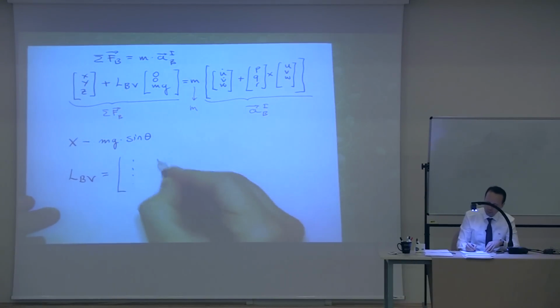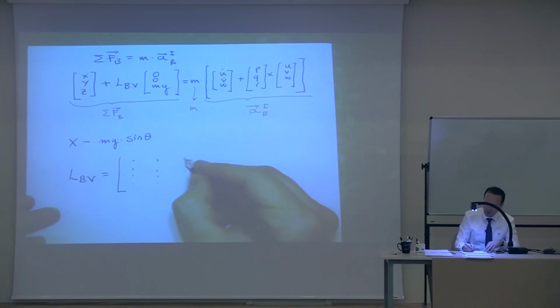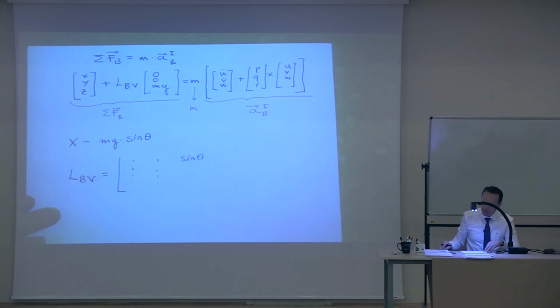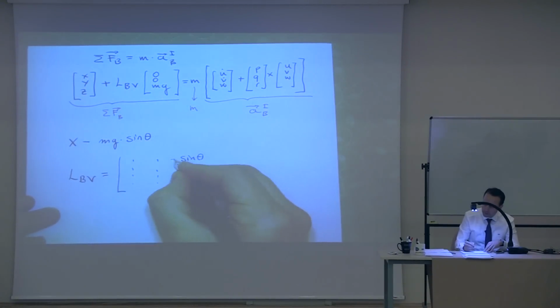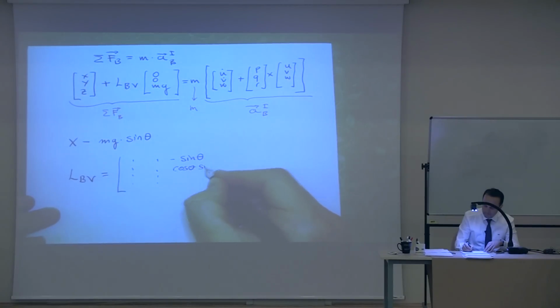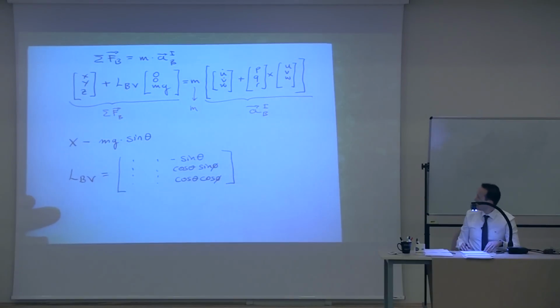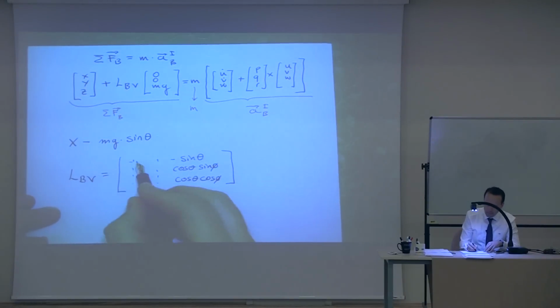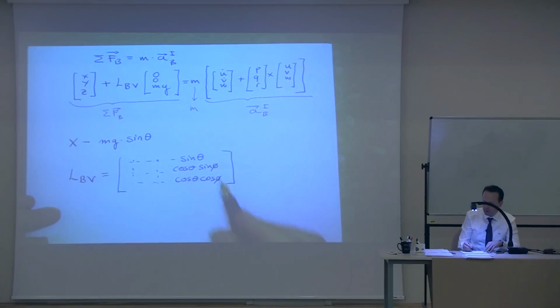So you have one column, third column, and the third column should look like this, right? Minus sine theta, very good, minus sine theta. You have cosine theta sine phi, and you have cosine theta cosine phi. Right? So this is the last row.